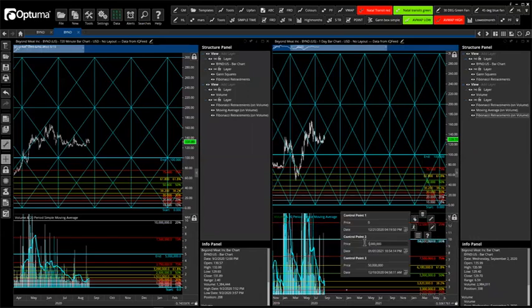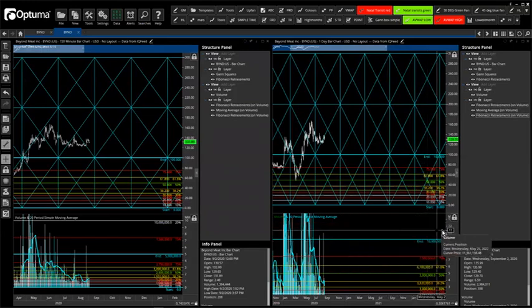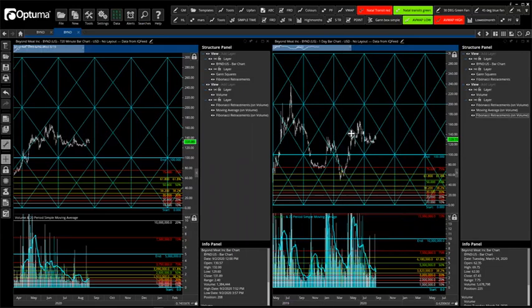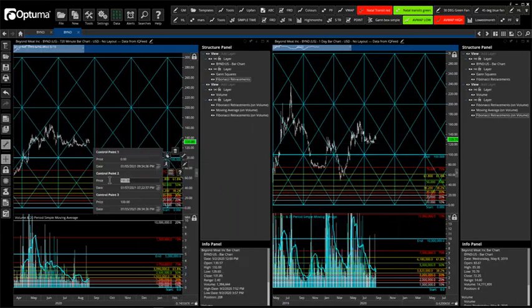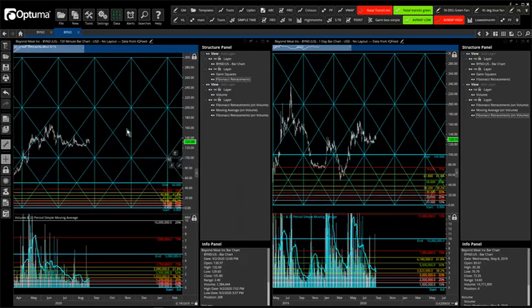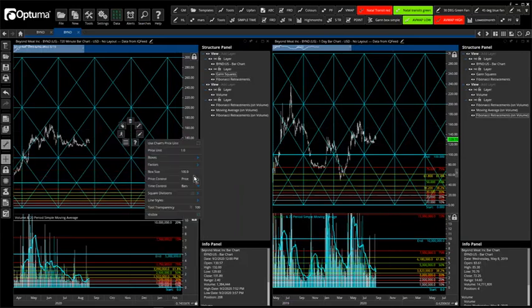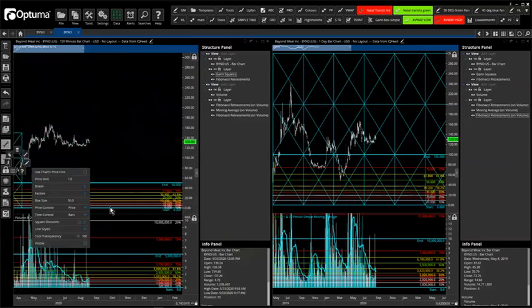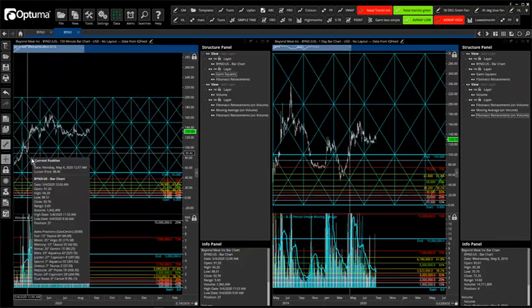And 100. Okay. And now on the left side, I'm also going to reduce the size of the boxes on the price, changing it to 50. It's going to need more boxes. It should auto calculate. There we go.